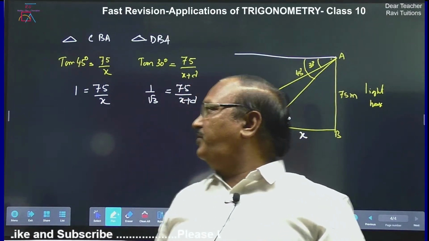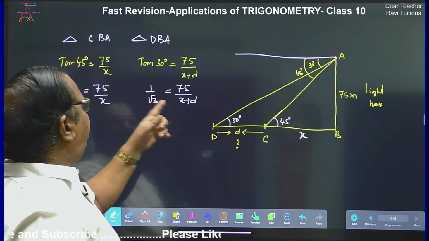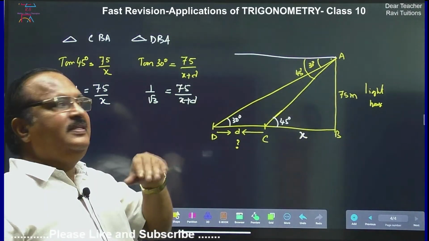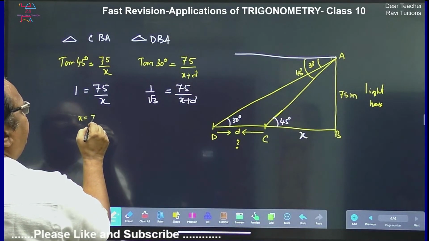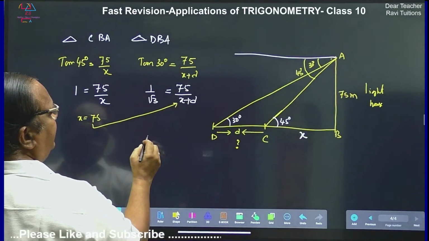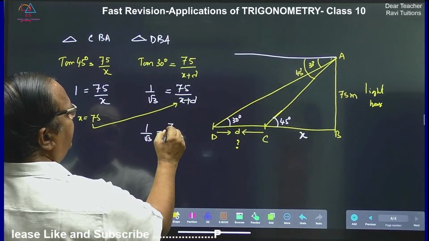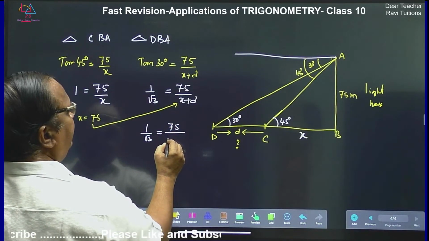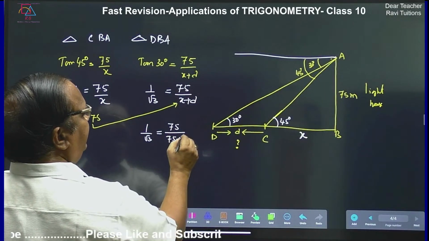Now what you have to do? You have to eliminate x. We want d, we don't want x. So eliminate x. So cross multiply it, x is equal to 75. So put this value here. Then what happens? 1 upon root 3 is equal to 75 by, in the place of x, I am writing 75 plus d.